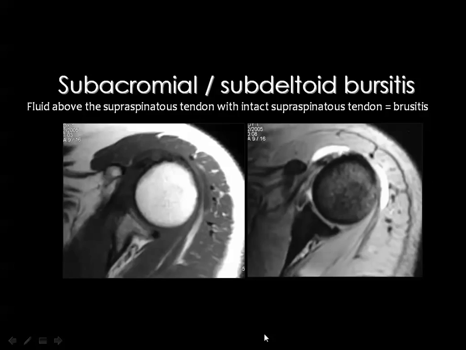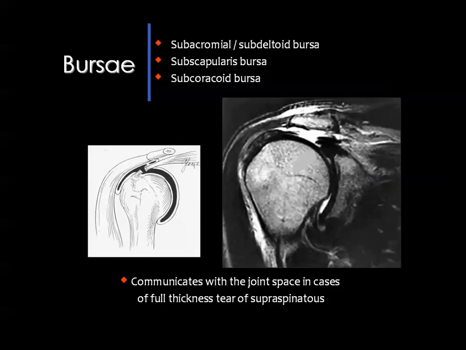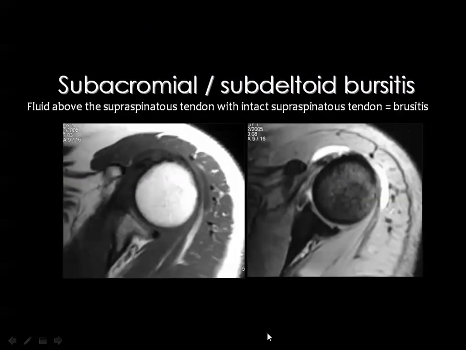Then the one thing to be mentioned here, if you see there is full thickness tear of the supraspinatus tendon, and you can detect the fluid in the subacromial bursa, you know that this fluid is not secondary to bursitis, but it is the extension of joint effusion into the subacromial bursa secondary to rupture of the supraspinatus tendon.